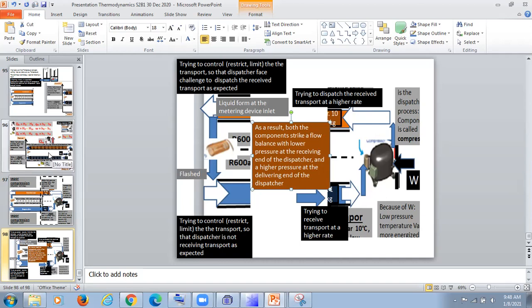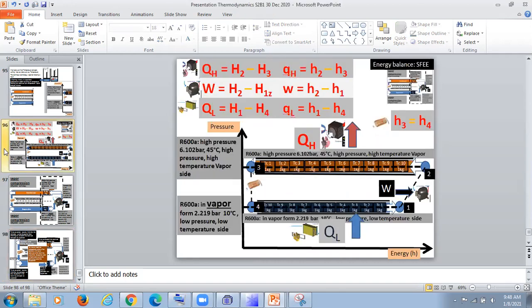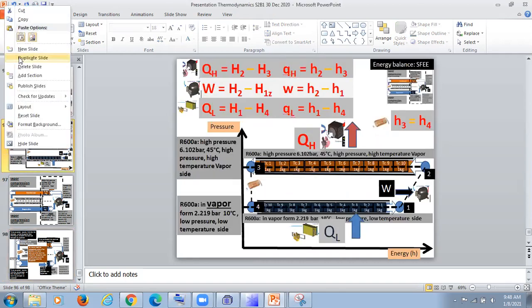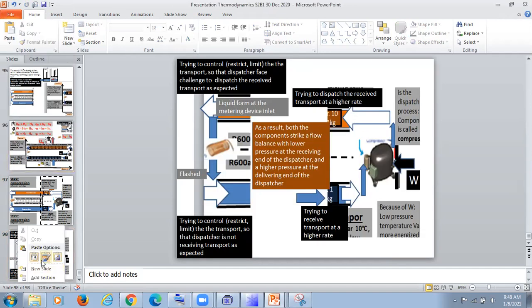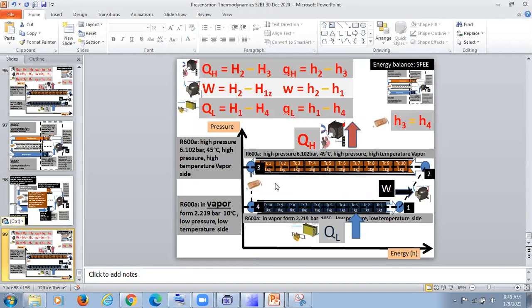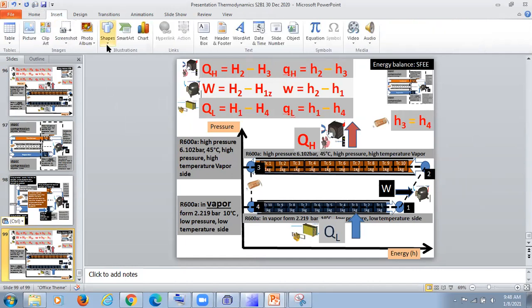So finally you can see all the components connected, with two responsible for the high and low pressures: the compressor and the metering device, or the capillary.